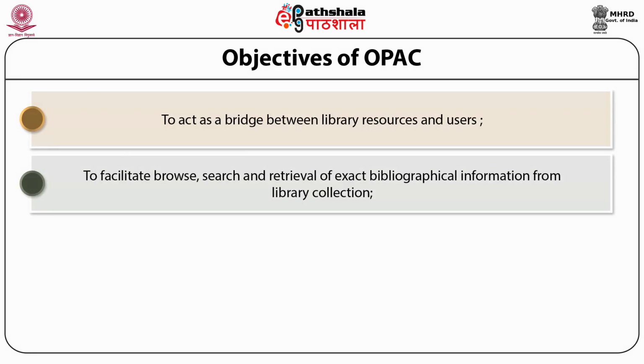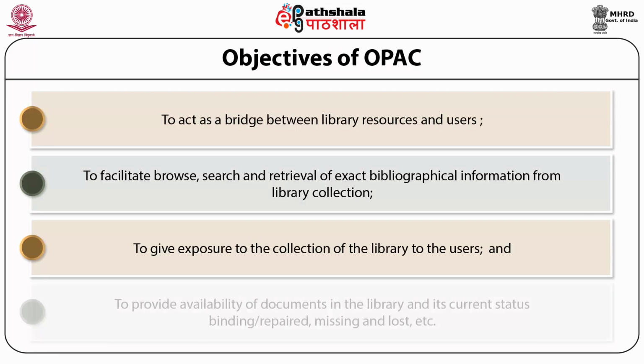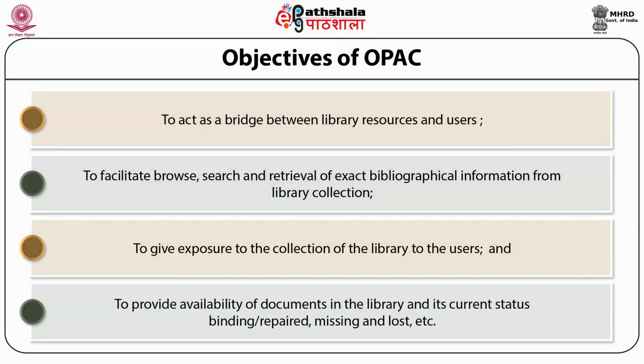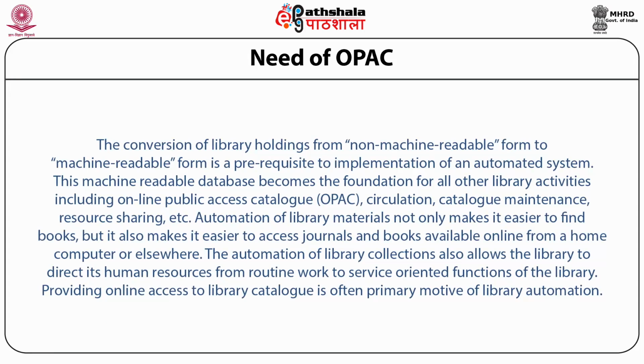It is to facilitate browse, search, and retrieval of exact bibliographical information from the library's collection, to give exposure to the collection of the library to the users, and also to provide the availability of documents in the library and its current location, current status, that is, it might be in binding or might be sent for repairing or missing or lost, etc.